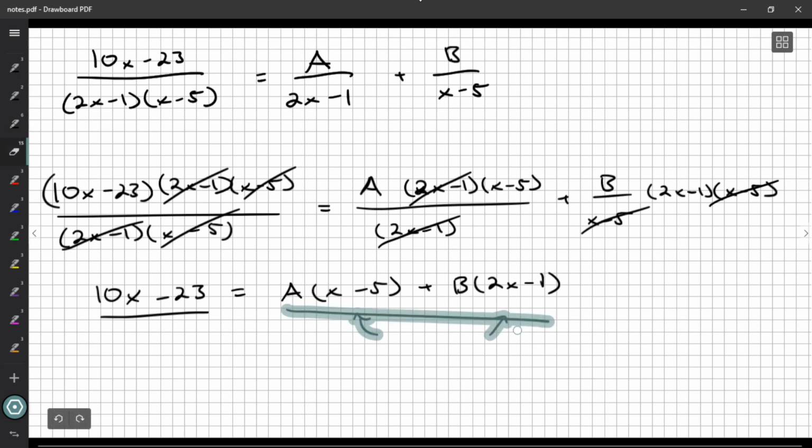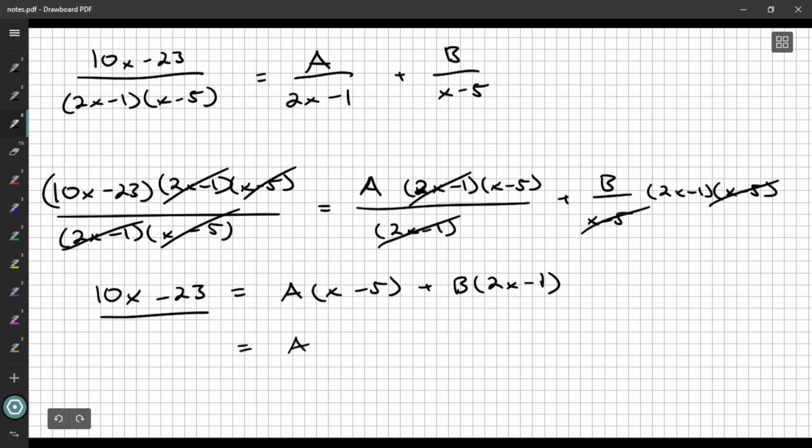That's not the only way to do it, of course. You could expand this out and get (A plus 2B) times x, plus (minus 5A plus B). We expand and rearrange and simplify things.